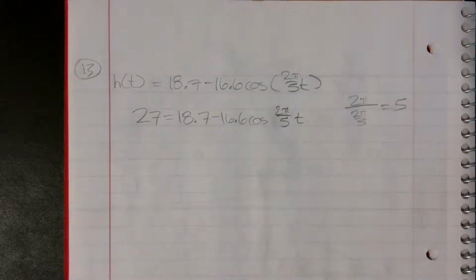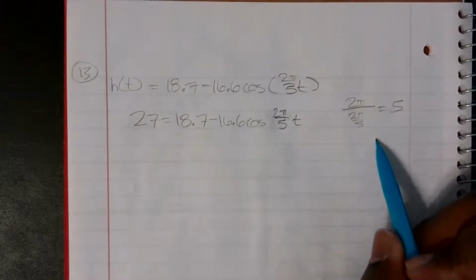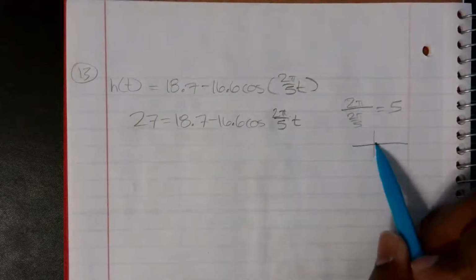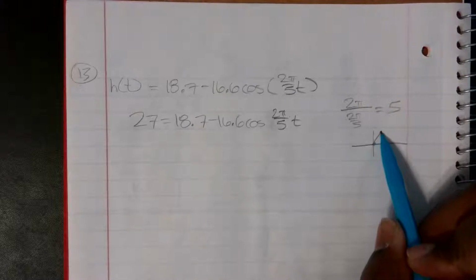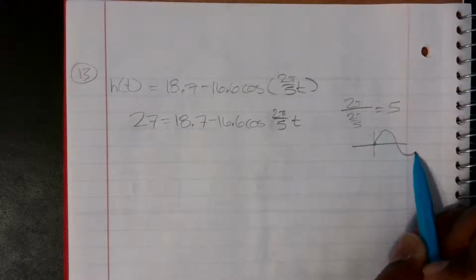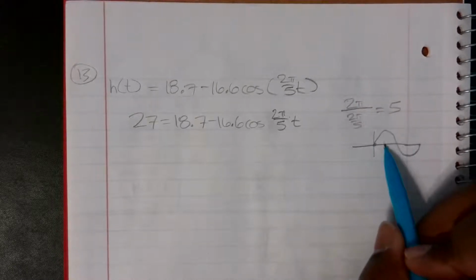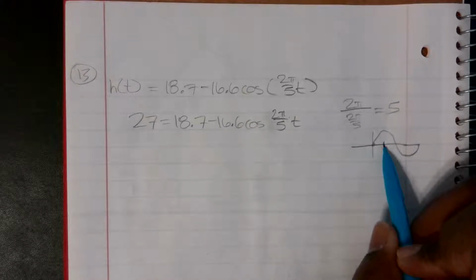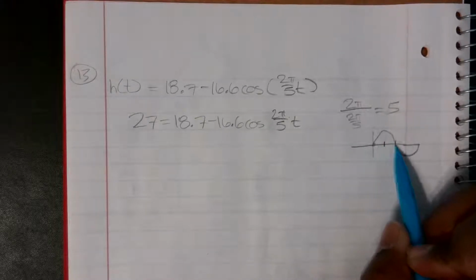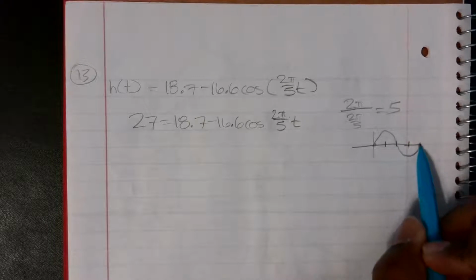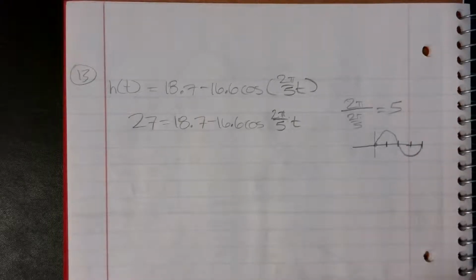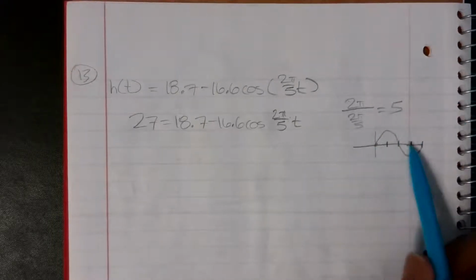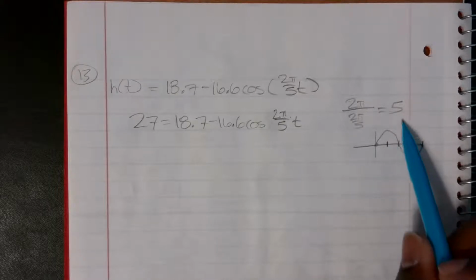So we're looking for two answers, but we have to make it make sense. Think about what a cosine graph looks like. It starts here, goes up, then down. It divides into 4 parts. So whatever the period is, you can divide the period, which is 5.